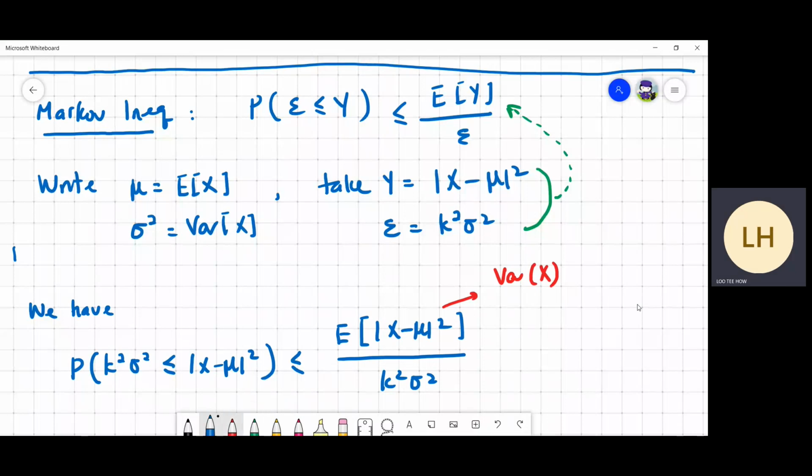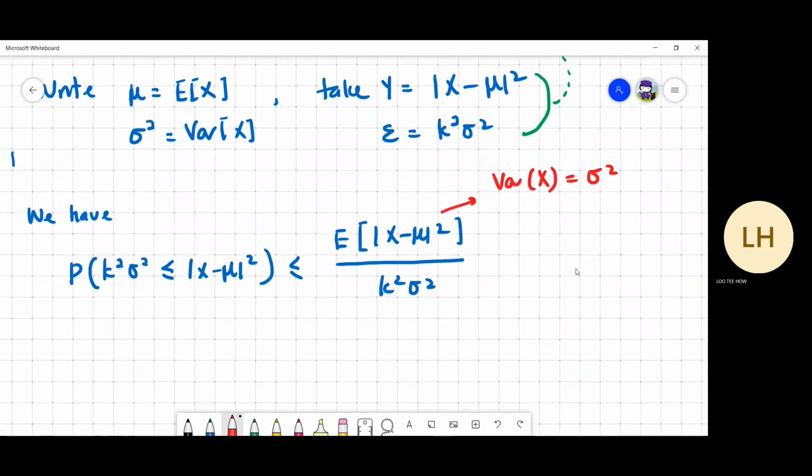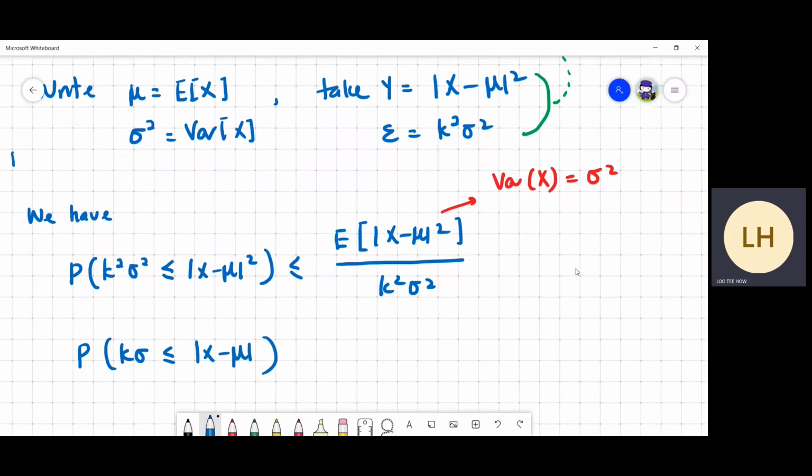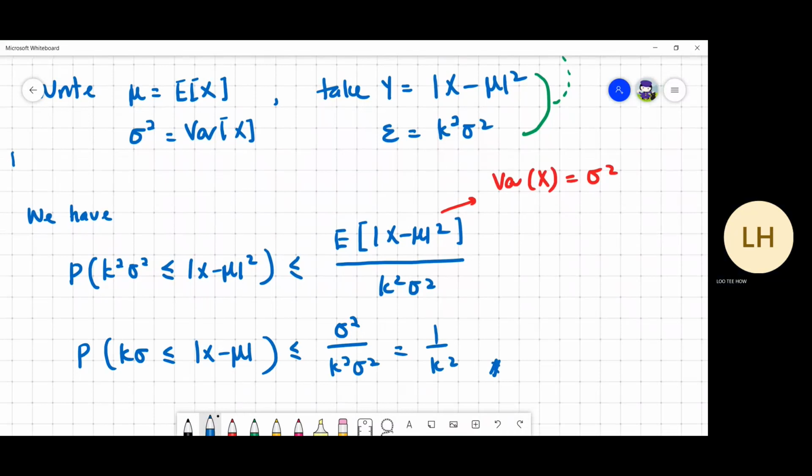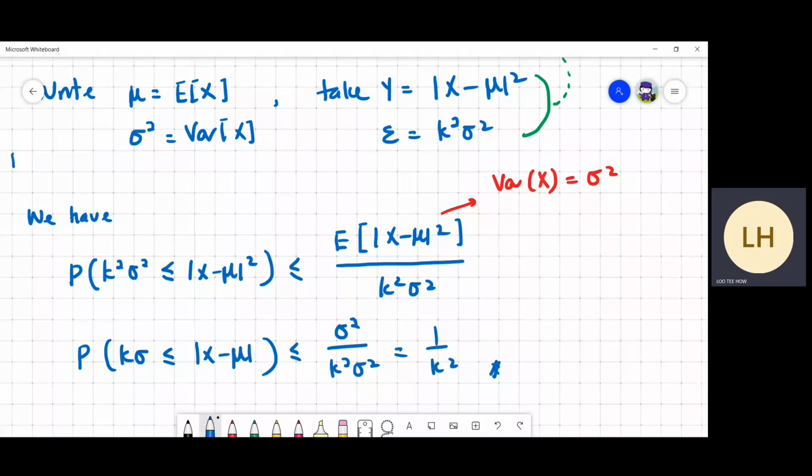So this is the variance of x, so according to our symbol, this will be sigma square. Here we have square on both sides of this inequality. After cancelling the square, we have k over sigma less or equal to modulus x minus mu. So this will be less than sigma square over k square over sigma square, so it ends up to be 1 over k square. So this is how we can get the inequality in the example.